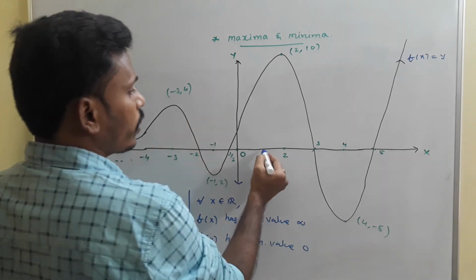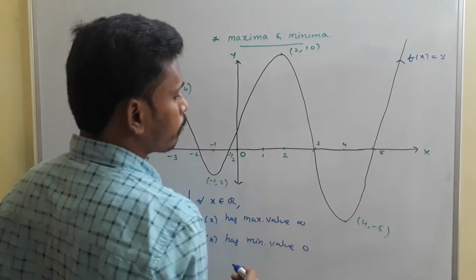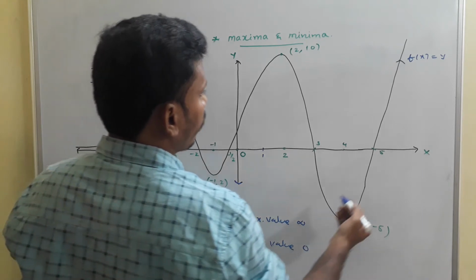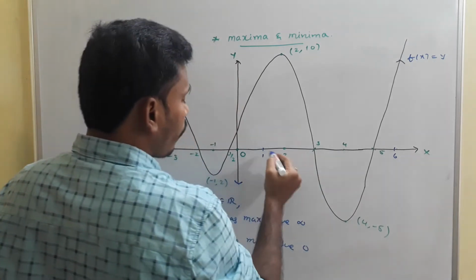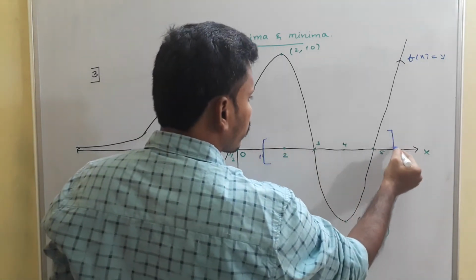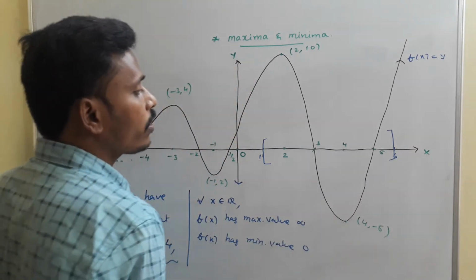Suppose here I have number 1, okay, and let's have a look. Here I have some 6. Okay, so if I consider the interval from 1 to 6, then what do you say about the maximum value or minimum value for this function?